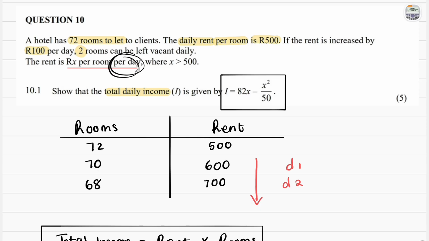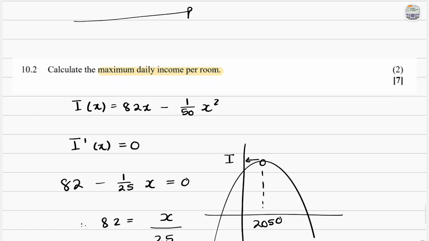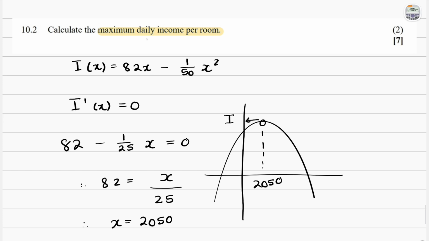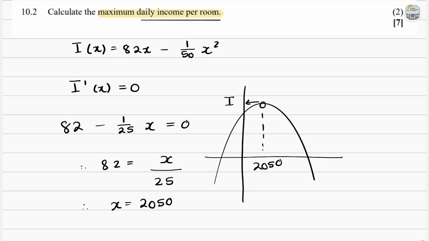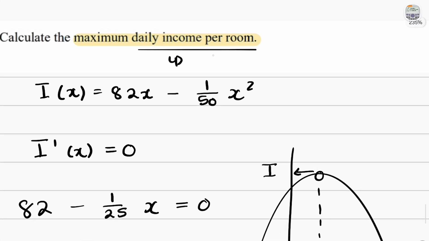So that's what we're looking for, that per day. From the question, they specifically said, calculate the maximum daily income per room. And since whatever rent is charged is going to be whatever will be received as income, it means that the maximum daily income per room is referring to the rent per day, like that x rand.